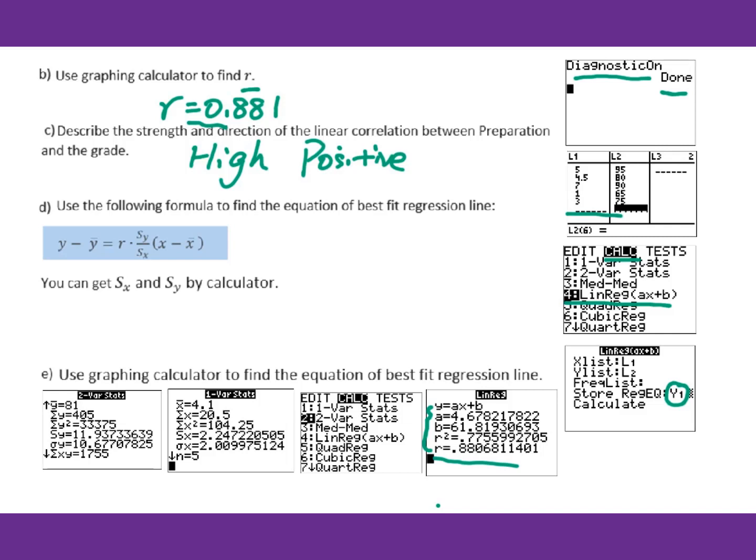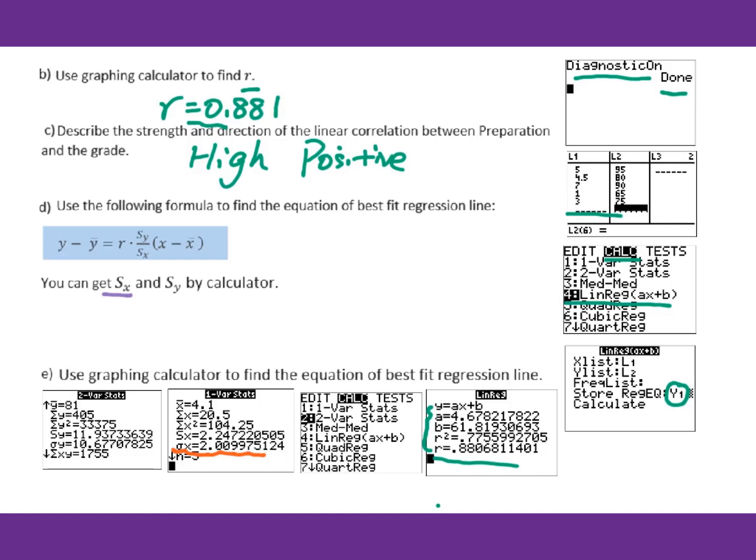Use the following formula to find the equation of a best fit regression line. We call this a standard deviation, but from the calculator, remember we use this sigma.